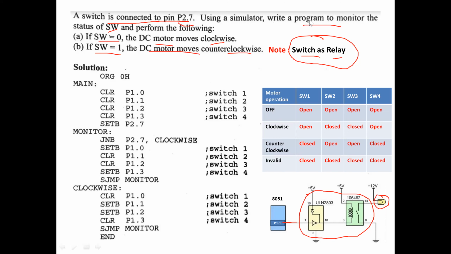If you provide 1 here, and across the relay it is 0, then the switch will be closed accordingly. So as per the table we discussed here, they have given the connections.